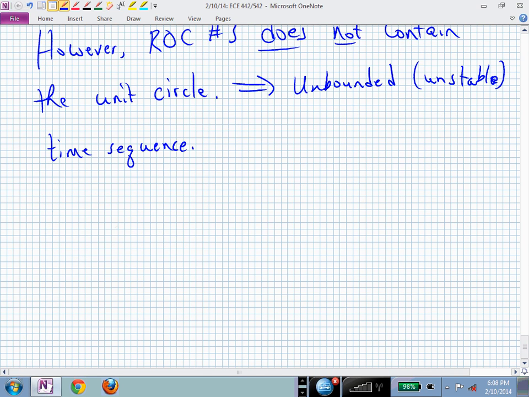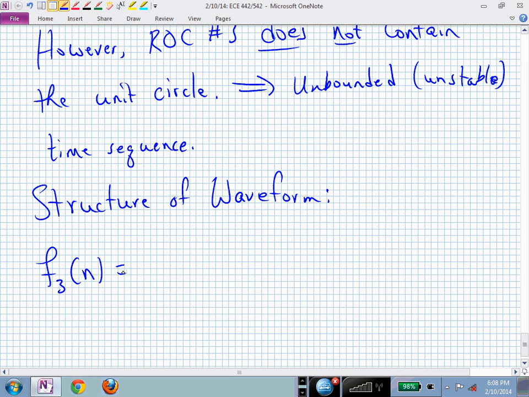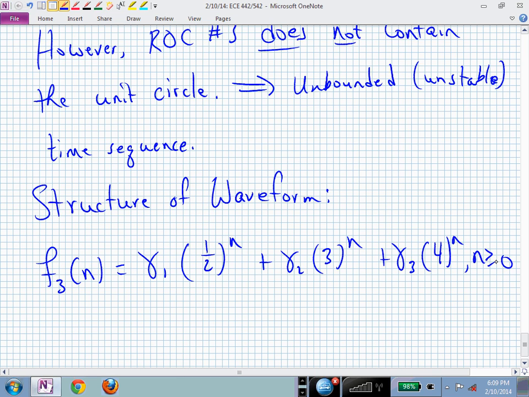And we can see that also if we look at the structure of the time domain waveform. F sub 3 of n is some constant gamma sub 1 times 1/2 to the n, plus gamma sub 2 times 3 to the n, plus gamma sub 3 times 4 to the n, and that's for non-negative values of n.